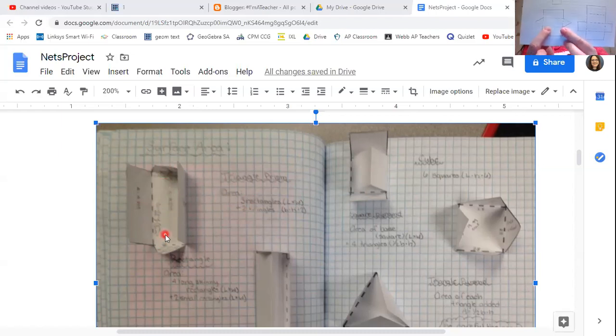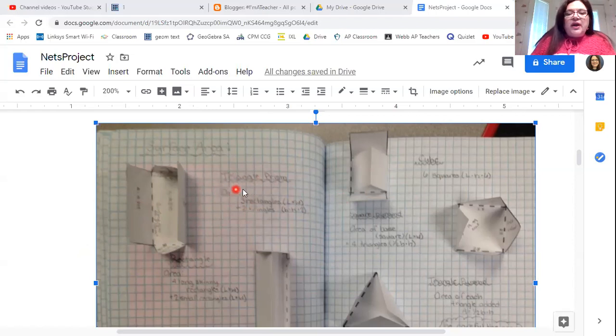This one right here, 3 rectangles and 2 triangles. So you know the area of a rectangle, length times width, times 3. The area of a triangle, 1/2 base times height, times 2. And that's going to give you what the total area is.